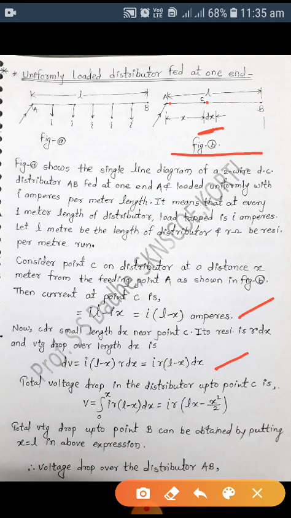By integrating that, we will get ir inside the bracket, integration of L is L into x minus integration of x is x square divided by 2. Hence, we will get this equation. The total voltage drop up to point B can be obtained by putting x equal to L in the above equation.